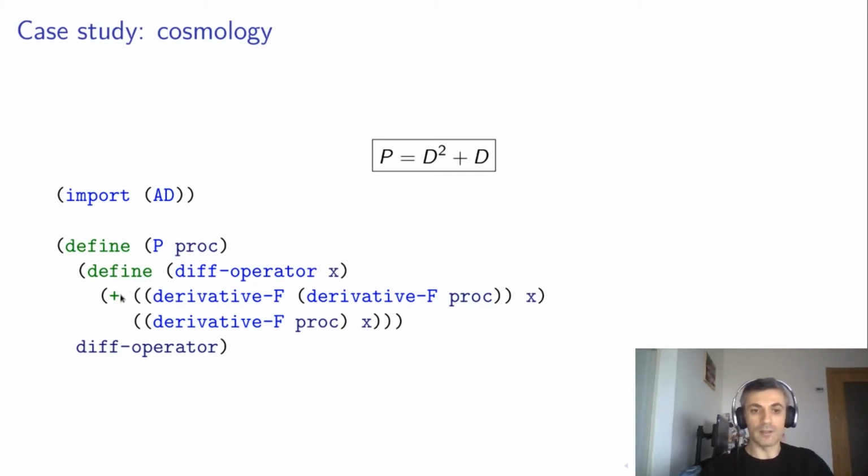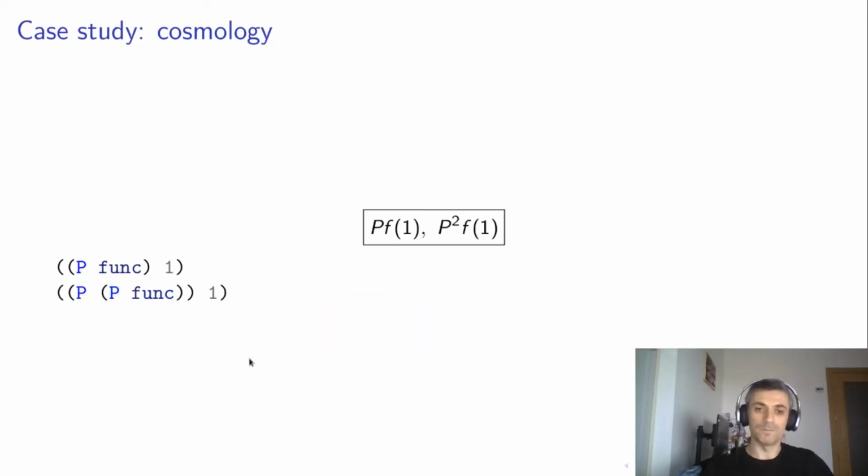We define it as the sum of the derivative applied 2 times to the procedure plus the derivative applied 1 time. And then having this operator, one can apply it 1 time to a function at a given value of x, let's say 1, and one can compose it with itself to apply it twice to a given function.